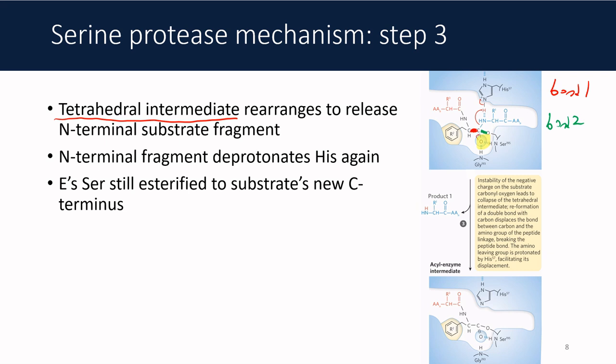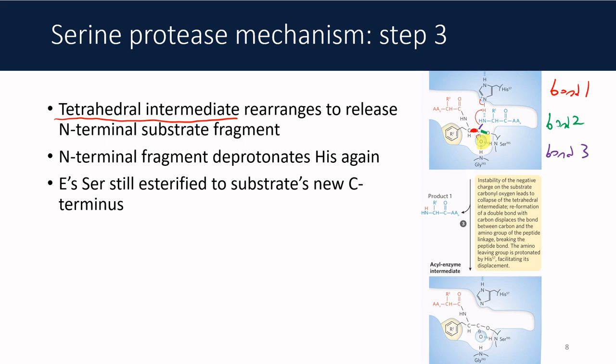Or we could break bond number 3, which is between the central carbon and the N-terminus of the next amino acid over in our substrate chain. What's it going to be?